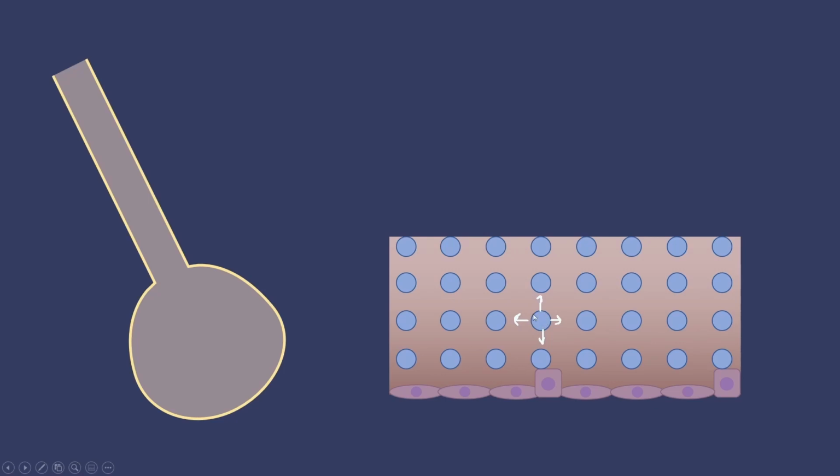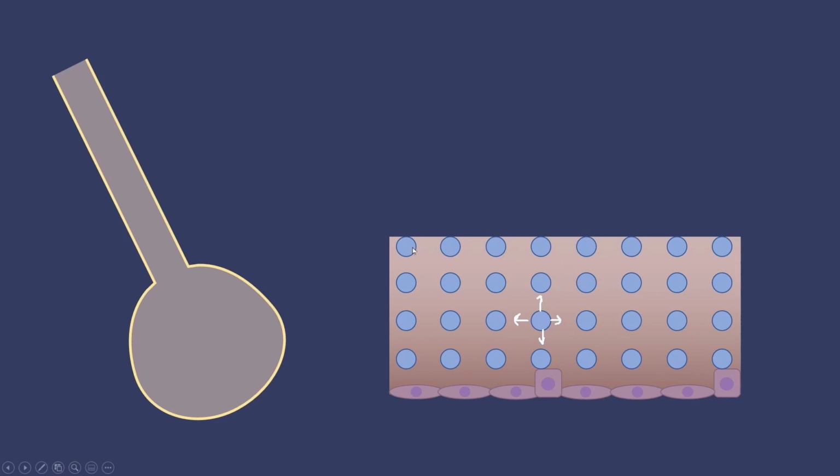So for example, if we focus on this water molecule, it is being attracted by this molecule from above, this molecule from the side, and this molecule from this side and this molecule from downward. So it is being attracted from all sides.